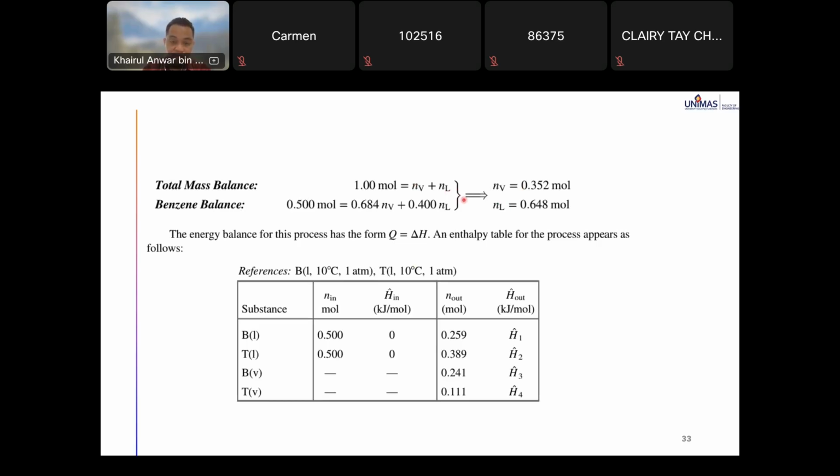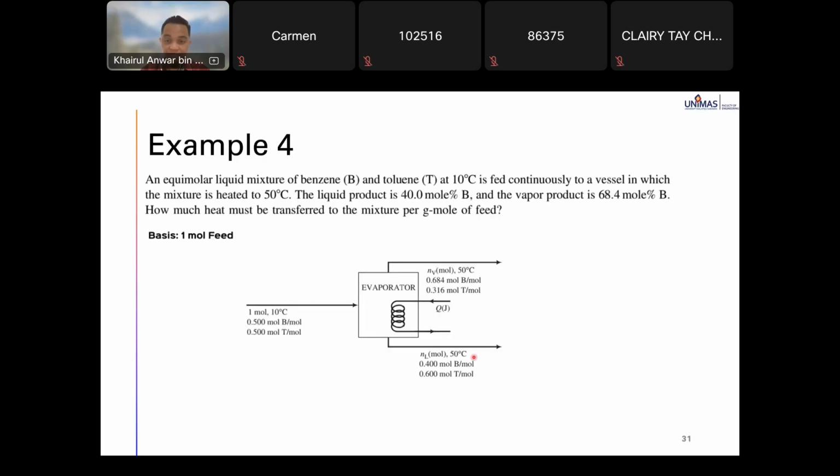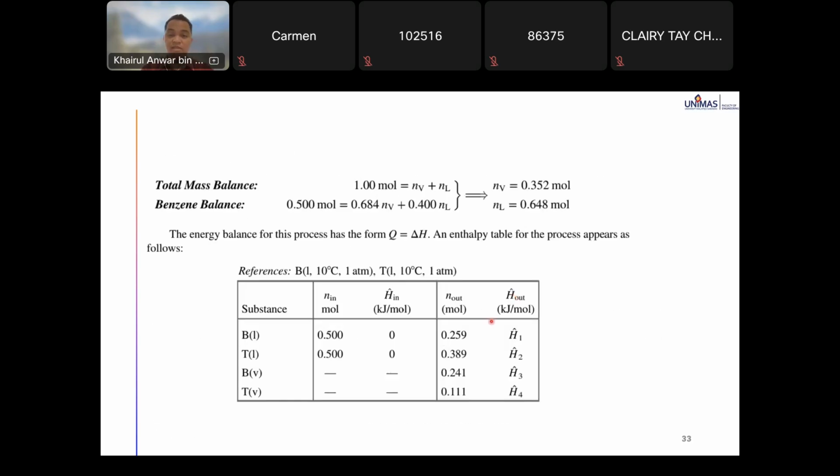You need to calculate the moles of benzene and toluene in liquid and vapor form. Before the mass balance, you don't know the values of Nv and Nl. From the calculated values, you can determine the actual moles for each substance.